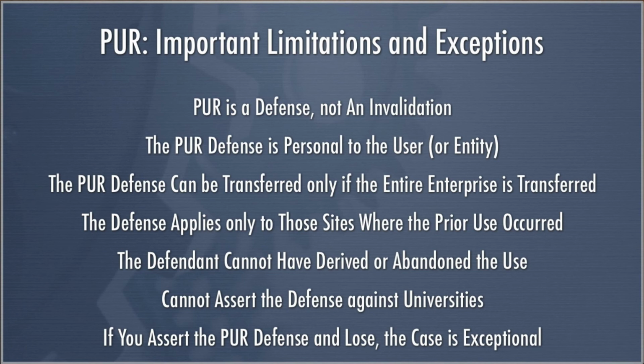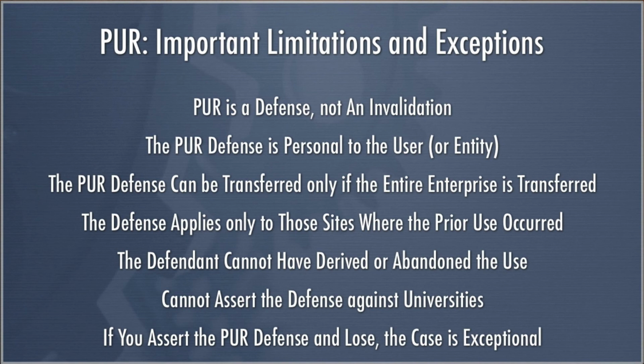Fourth, the defense applies only to those sites where the prior use occurred, right? So what this means is if you had a plant, for example, that was running using an internal process that later on was patented by somebody else, and you wanted to avail yourself of this defense, you could, but only with respect to that plant or those plants which actually were using the process.